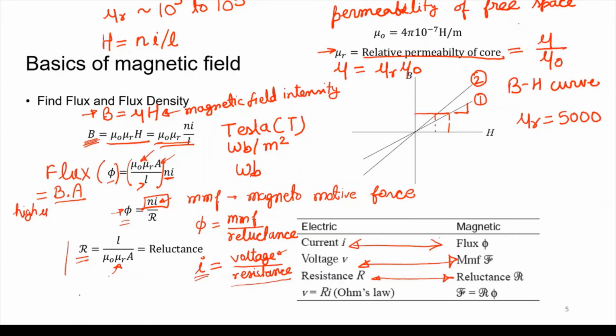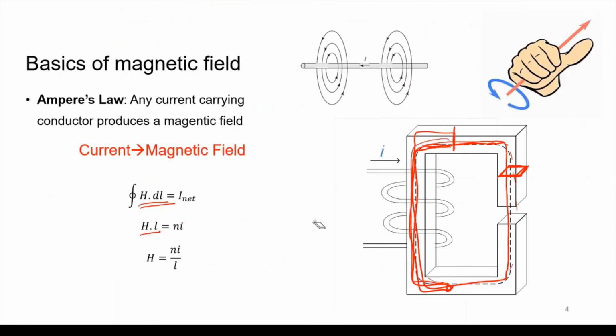An important point to note here is that this I and this I, please do not get confused between these two I. This I, which is used in the calculation of flux, is the input to the core as shown here in this circuit.